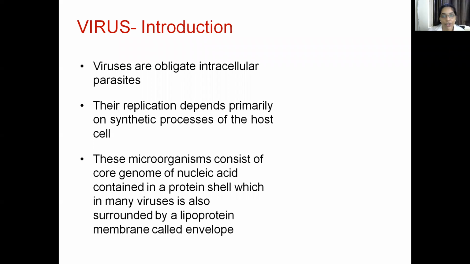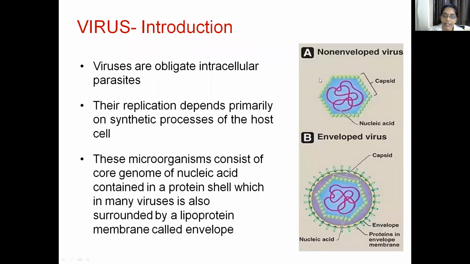So what is the structure of a virus? There is a genome, a nucleic acid, surrounded by a protein coat called the capsid. This is a non-enveloped virus. Then we have enveloped viruses, which have an envelope, a lipoprotein membrane, surrounding the protein capsid.